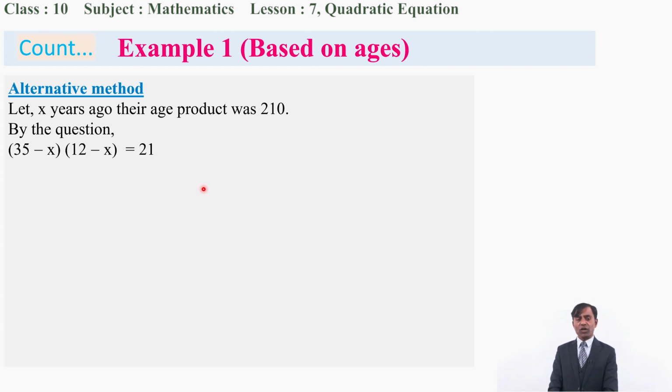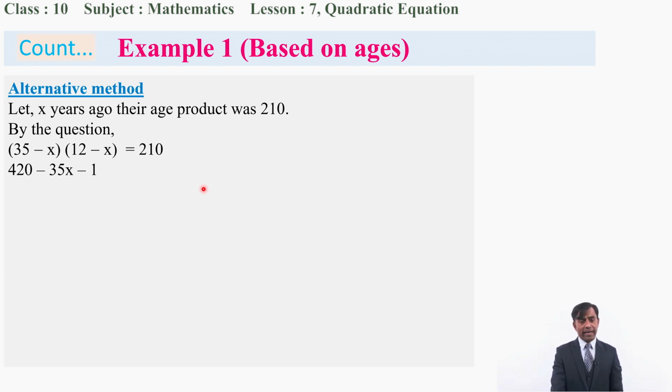Then X years ago, the age of the mother was 35 minus X, and X years ago, the age of her daughter was 12 minus X. By the question, at that time their age product was 210. So (35 minus X) multiplied by (12 minus X) is equal to 210.